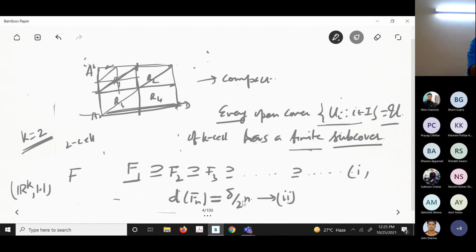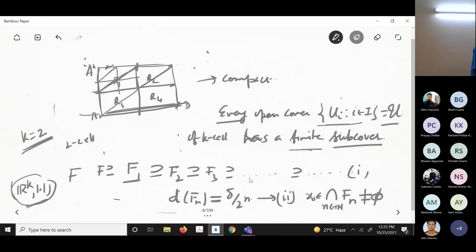Now, by using Cantor's intersection theorem, since this is complete and everything I am working inside this, the intersection will be non-empty. Make sure that everything is coming from F. So there is x naught that belongs to this.